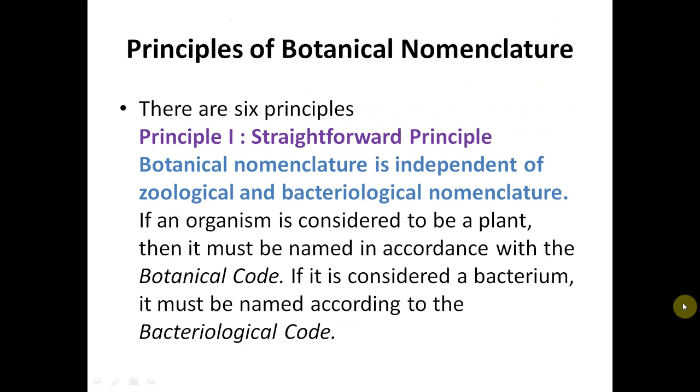The first principle, that botanical nomenclature is independent of zoological and bacteriological nomenclature, is also simply called the straightforward principle. Because if an organism is considered to be a plant, then it must be named in accordance with the botanical code, and if it is considered a bacterium, it follows the bacteriological code, or if it is an animal, the zoological code.